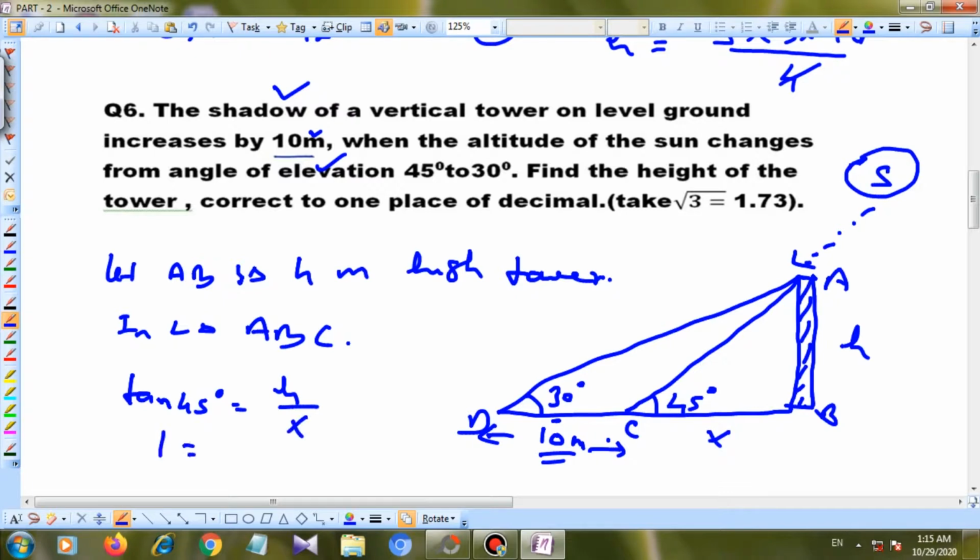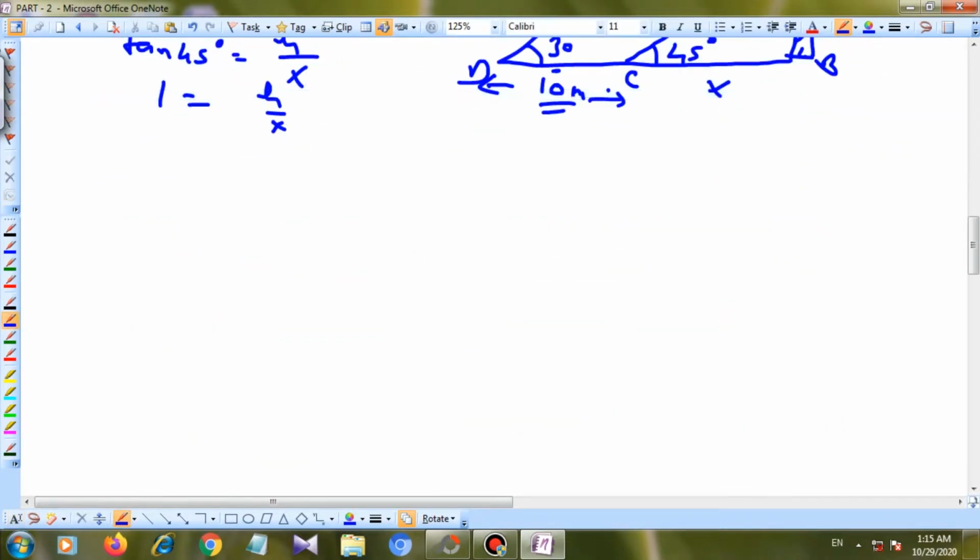The value of tan 45 is 1. So this is h upon x. It means the value of h will be x, right? This is equation first.